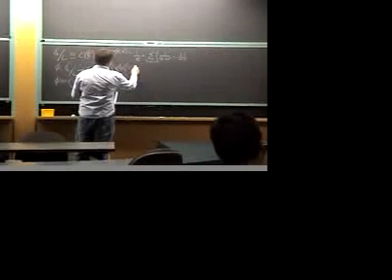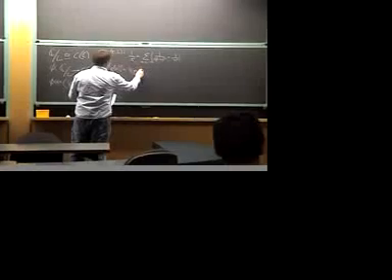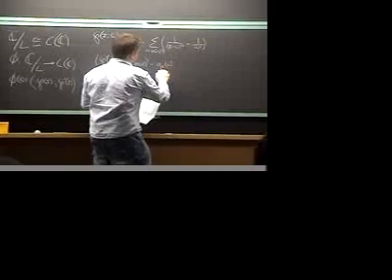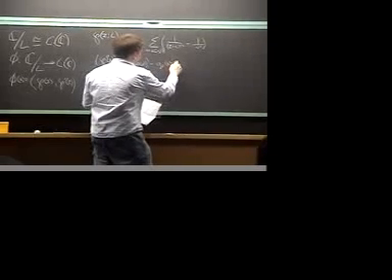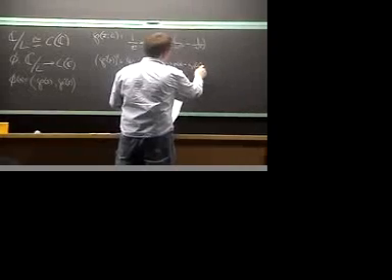For any P function, P prime squared equals 4 P cubed minus g2 of L, a property of the lattice, times P of z, minus g3 of L.